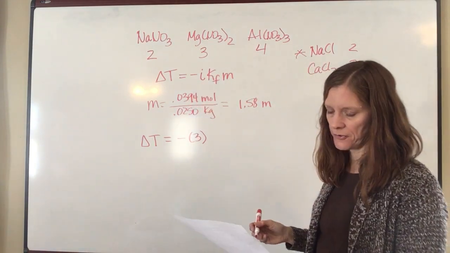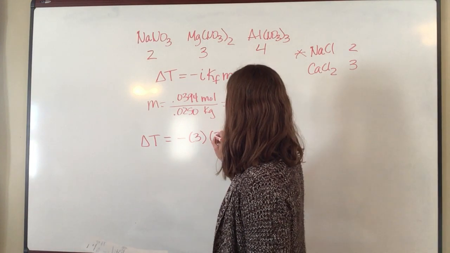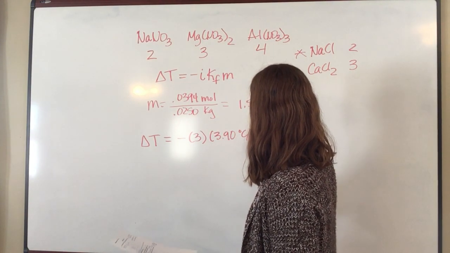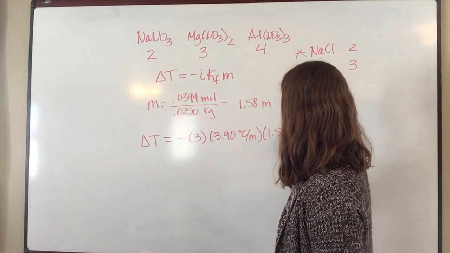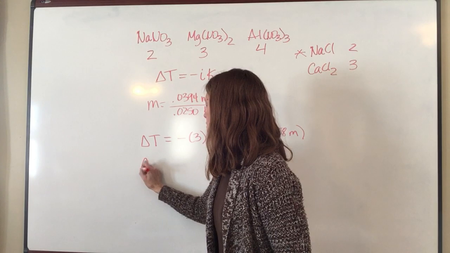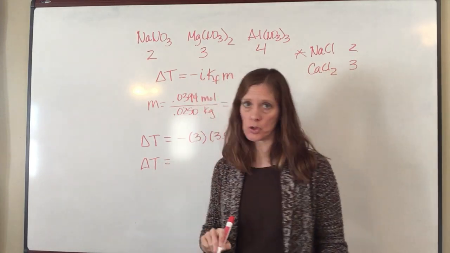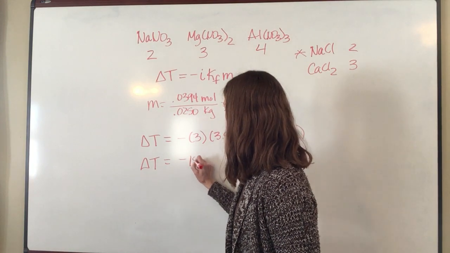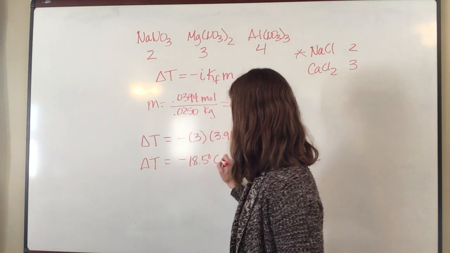The Kf, it tells me, is 3.90 degrees Celsius per molal. And then I have 1.58 molal that I calculated from up here. So the change in temperature, when I multiply this out, gives me a negative 18.5 degrees Celsius.